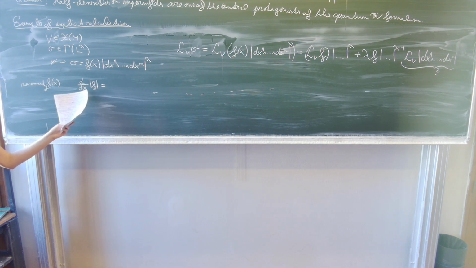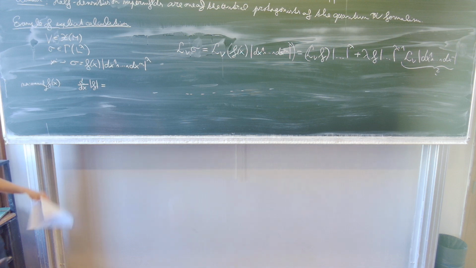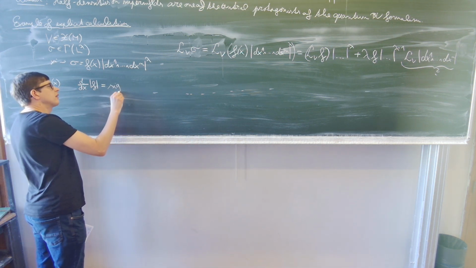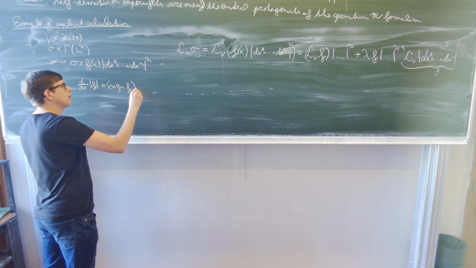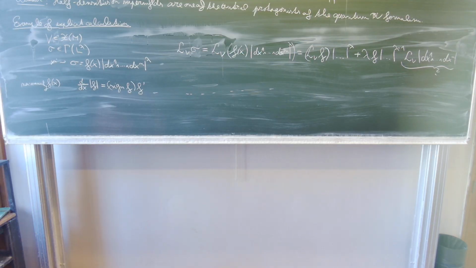If it's positive, then its absolute value is just f, and hence the derivative is f prime. If it's negative, then it's minus f, and then it's minus f prime. So this thing is just the sign of f multiplying f prime. In other words, the derivative of the absolute value is the sign function, and this is a composition of the sign with f, not absolute value of f.